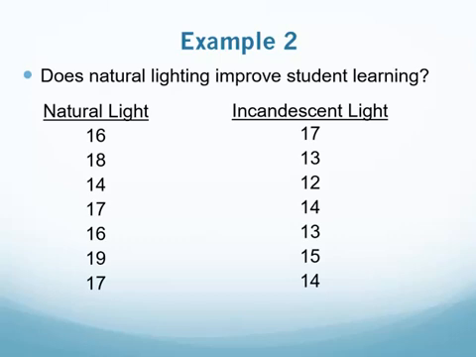And look what I've done to you here. I've just given you the data. So that means that you need to figure out some things here before you get going, right? You're going to need to figure out the mean of each group, the sum of squares for each group, the sample size for each group, and the standard deviation for each group.